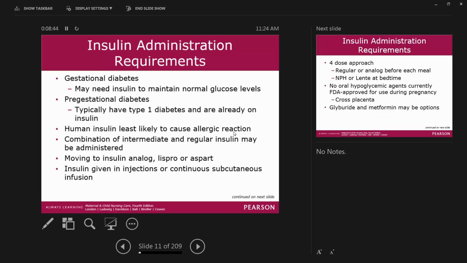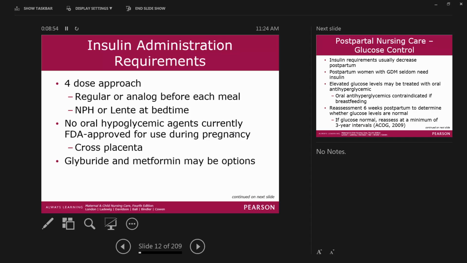We don't usually use orals. A typical protocol is a 4-dose regimen where they take their regular before each meal and then their NPH at bedtime. We usually don't use oral agents with these women, however they are trying to decide whether glyburide or metformin might be options.